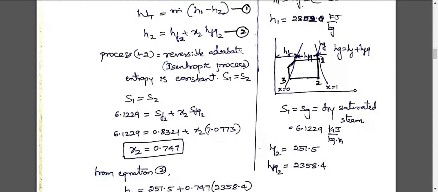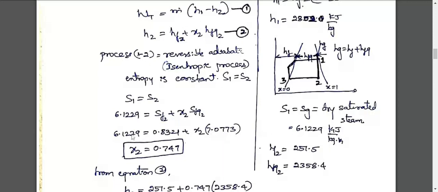SFG2, similarly at point number 2 we have taken the value of entropy of the mixture of both fluid and gas, because point number 2 is not pure vapor, it is not pure water, it is a mixture of both. So the entropy value is 7.0773.